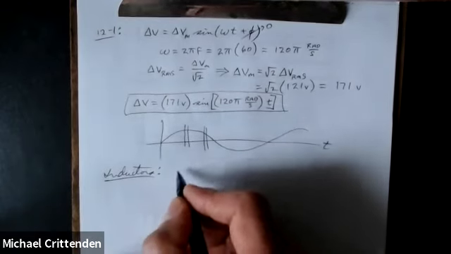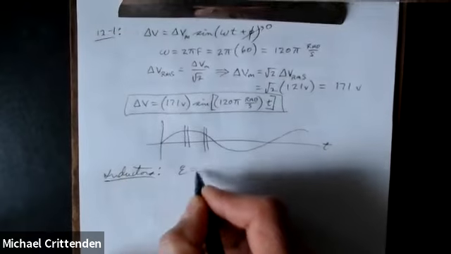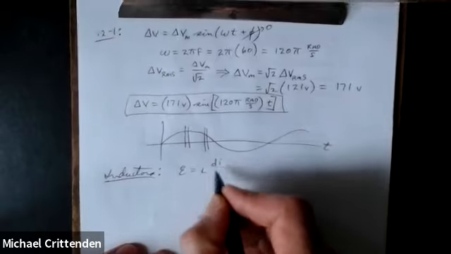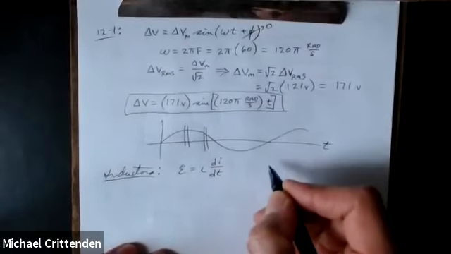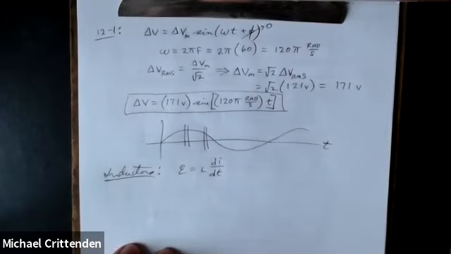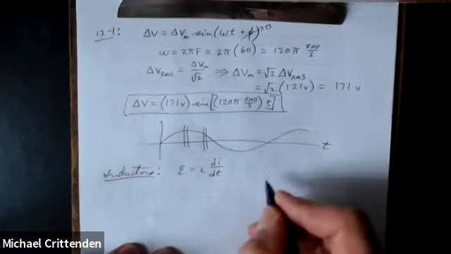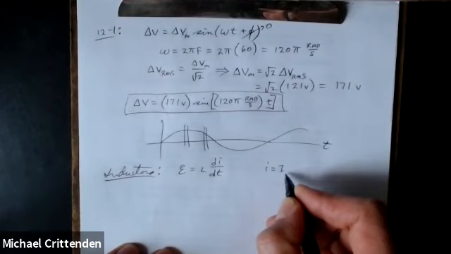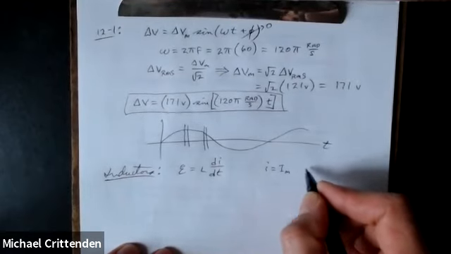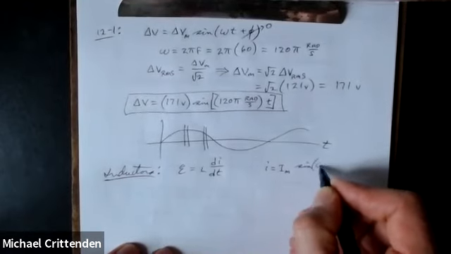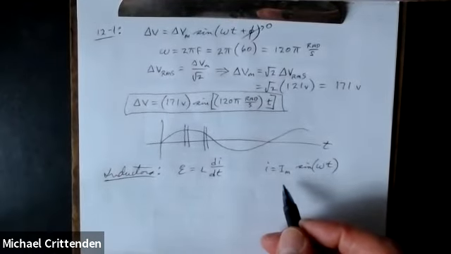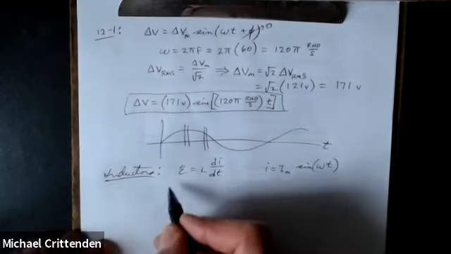We assume no resistance, and the voltage across the inductor is just equal to L times di dt, where, like it says on the previous page, I equals the maximum current, the amplitude of the current, times the sine of omega t. So let's put that in there.